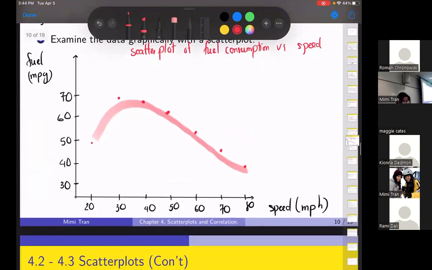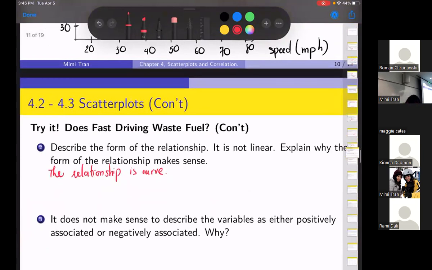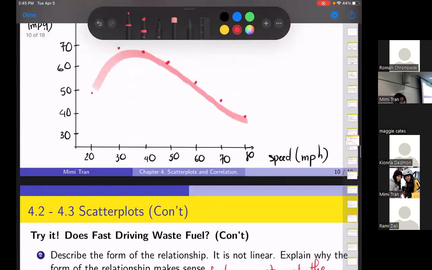So it's a curve, and what happens at the two extremes, at the two ends? You have lower fuel consumption, right? So lower fuel consumption at the two ends. What else?